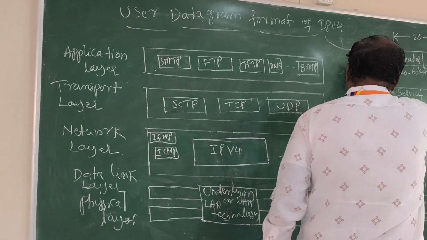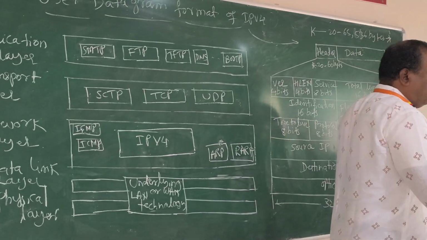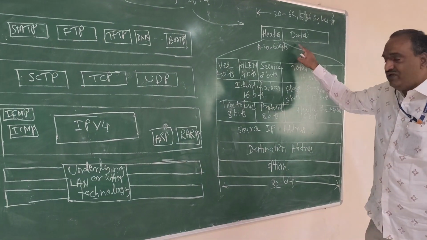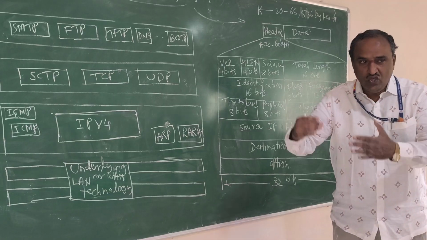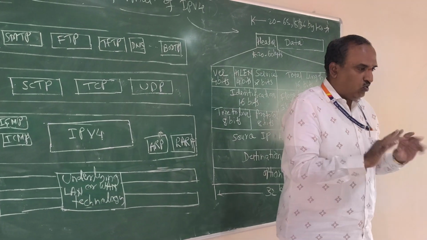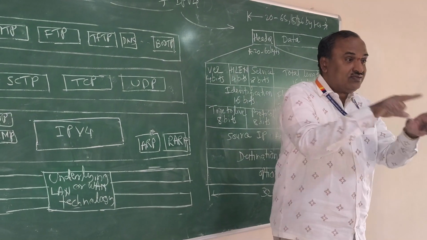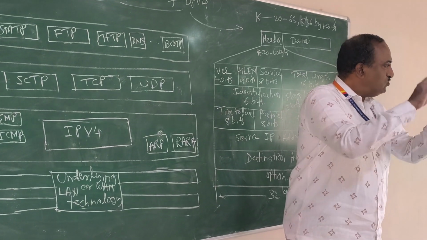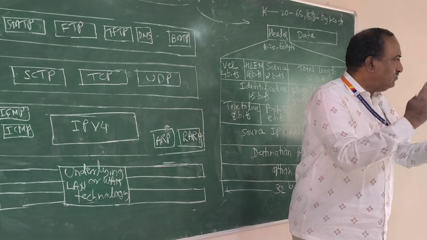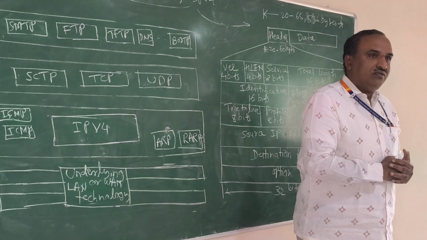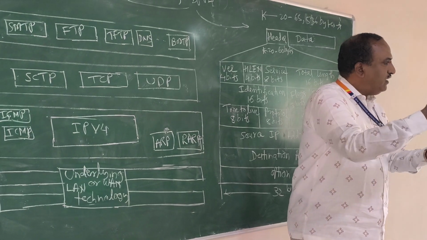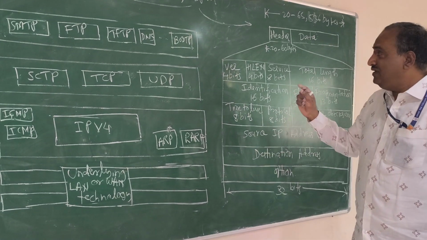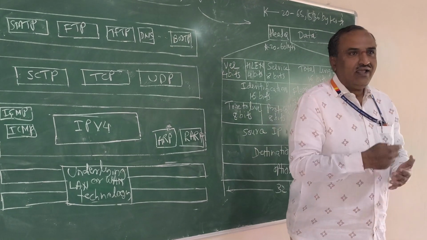If a protocol is there, whenever you want to transmit information from source to destination, for example, I am in the system, I put the software, this software is there inside the system. When it is connected to the net, at that time each layer will add a header and trailer.